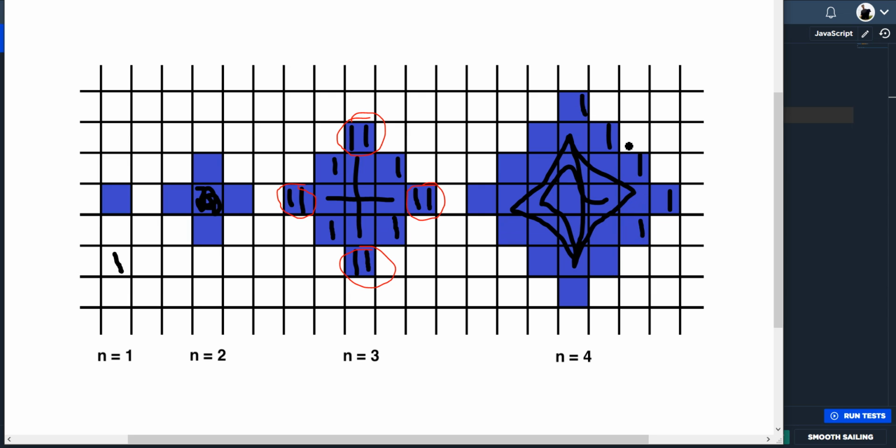So 1, 2, 3, 4, 5, 6, 7, 8, 9, 10, 11, 12, 13, 14, 15, 16, which gives us 16. And then, once again, we're counting these squares twice. So minus the 4, which will give us the 12 additional squares.